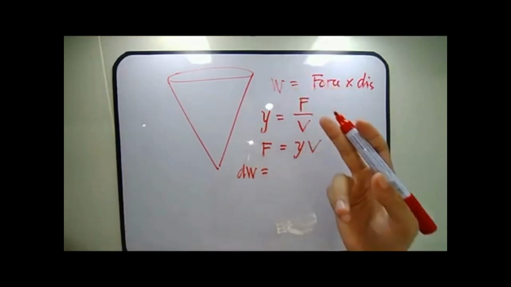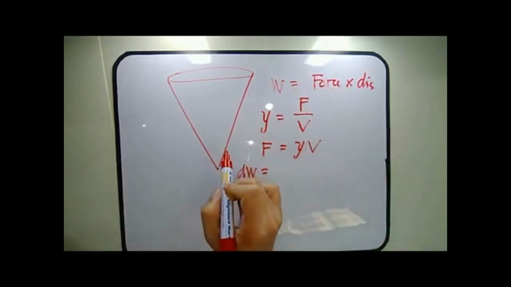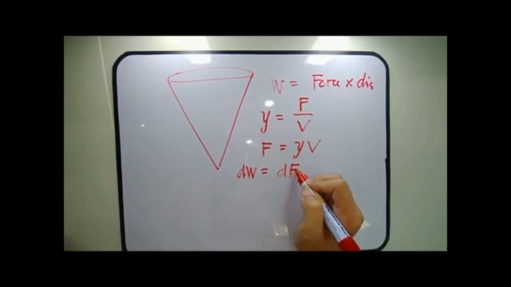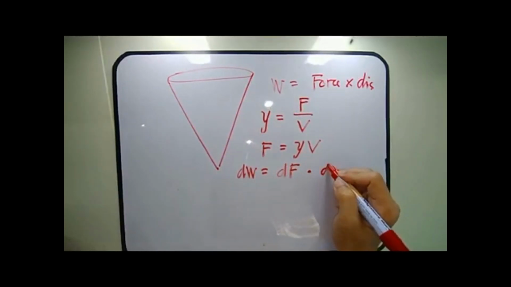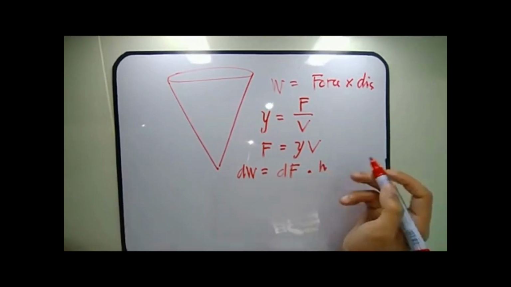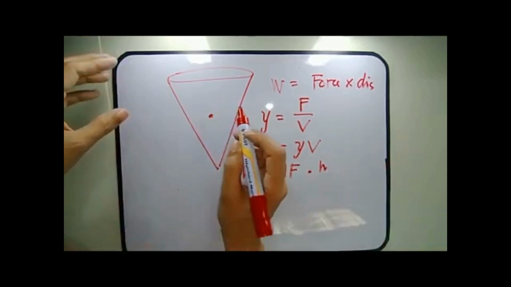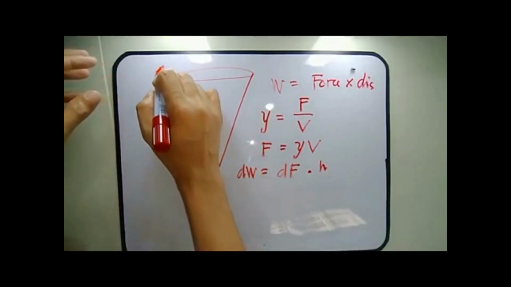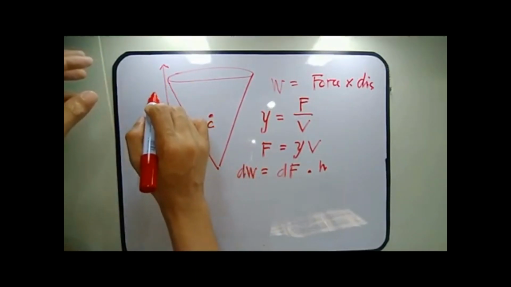So in terms of derivative, we can say that differential work equals differential of force times distance. The force here, guys, is varying because you have a varying volume. The distance, say h, is the distance from the centroid of the fluid to where it should be pumped. Let's say distance h.